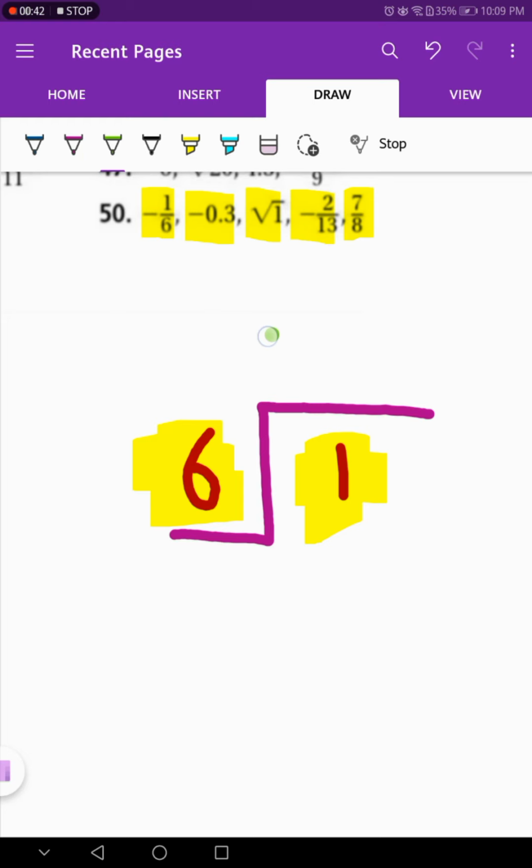Okay, and the square root of 7, we have to do the estimation. As we learned, the square root of 7 comes between the square root of 9 and the square root of 4. Yes, but which is close?